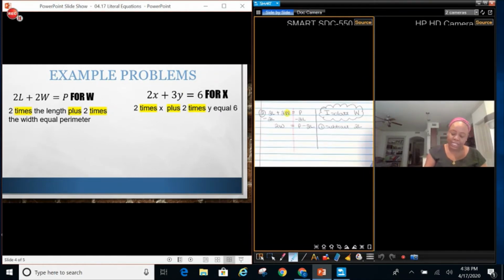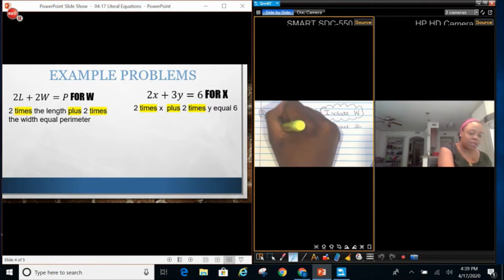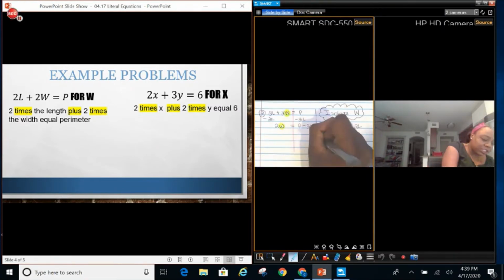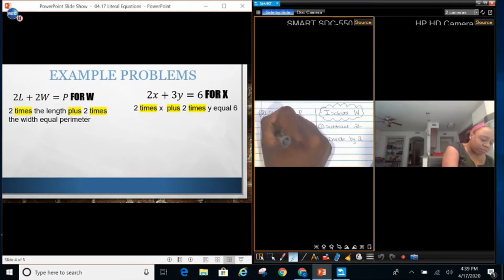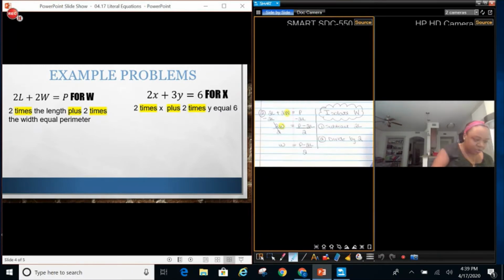My last step is, again, I want this W by itself. So I am going to divide by 2. And that's because this 2 right here is being multiplied by this W. The 2s cancel out.